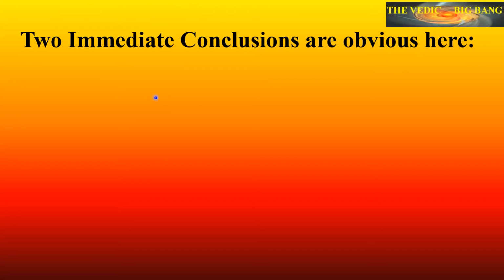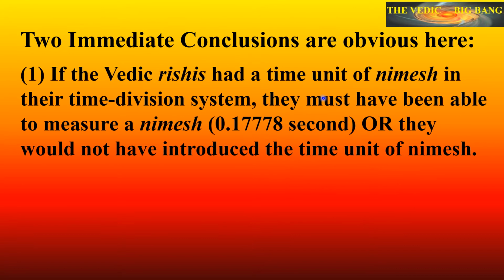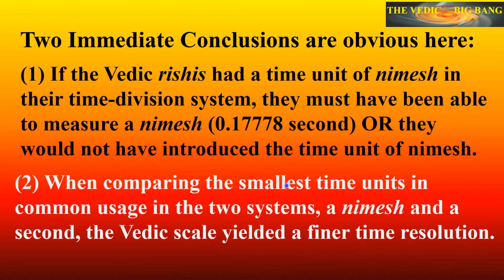Two immediate conclusions are obvious here. 1. If the Vedic rishis had a time unit of nimesh in their time division system, they must have been able to measure a nimesh, which is 0.17778 seconds, or they would not have introduced the time unit of nimesh. 2.